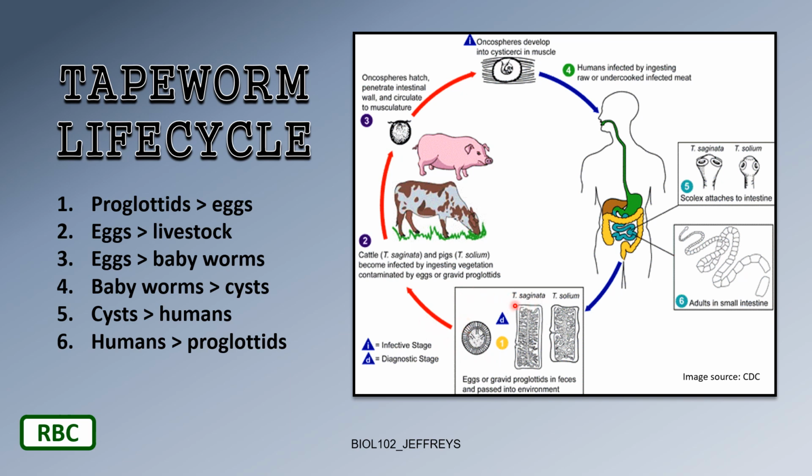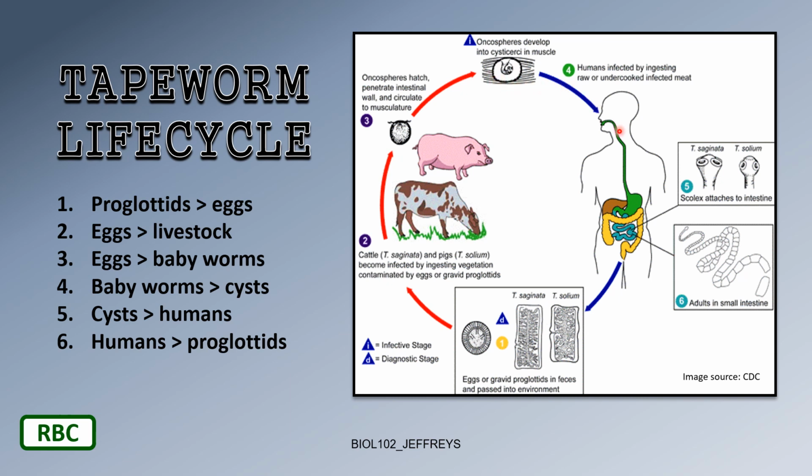These are different species of Taenia, cattle tapeworm and pig tapeworm. Animals become infected by ingesting vegetation contaminated by eggs or gravid proglottids, all right? Now, the eggs hatch and the little larval worms bore into the muscle of that animal.